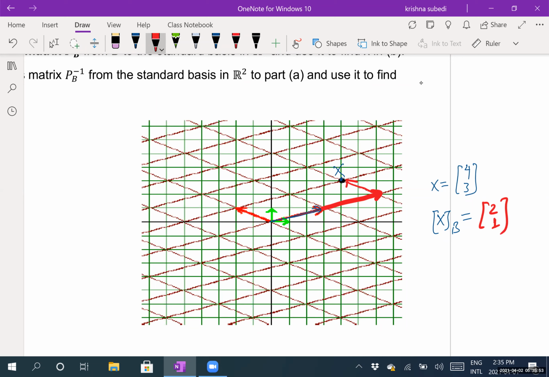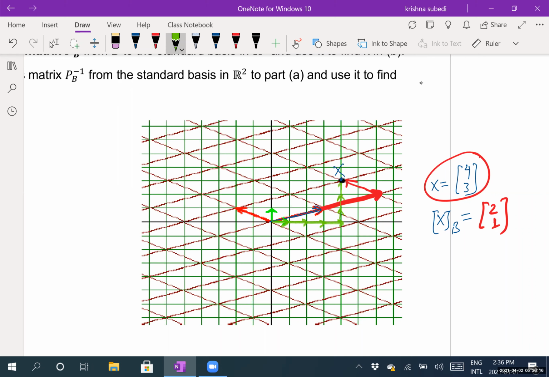Now see the difference. In this case, it is the standard graph, and we just use the green vector, 1, 2, 3, 4, and then the y direction is 1, 2, 3.